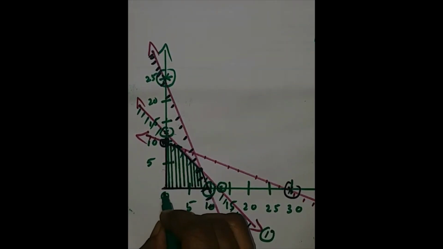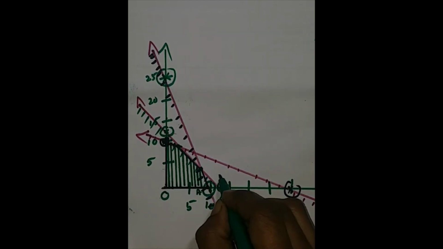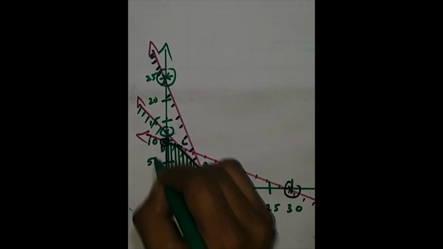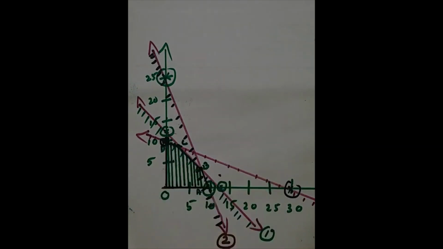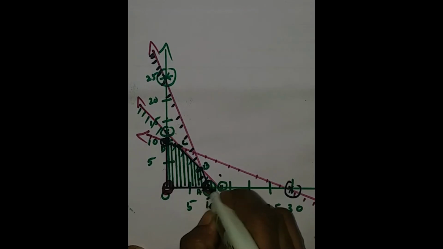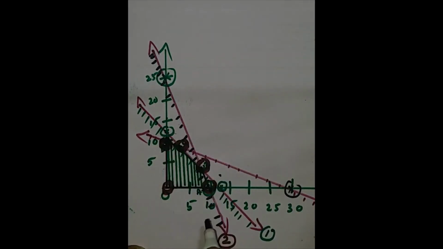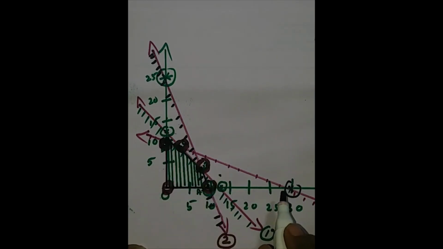We can give the name O, A, B, C, D. This pentagon is our solution.